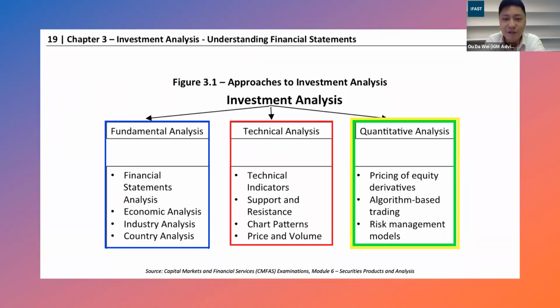If you look at this figure, which comes directly from some examination chapters even for advisors in the industry, we can see clearly that QA, or quantitative analysis, is a different set of analysis methods apart from the usual fundamental and technical analysis that we often hear about in the industry.